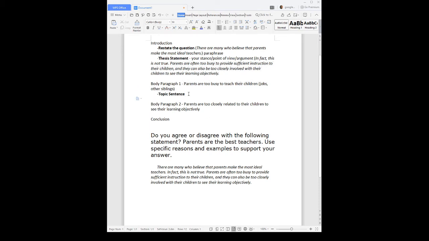It's okay, because we need to set the scene for every paragraph. This paragraph, we need to understand, right, we're going to talk about this part of the introduction. So the topic sentence basically paraphrases, restates again what is going on in terms of that.